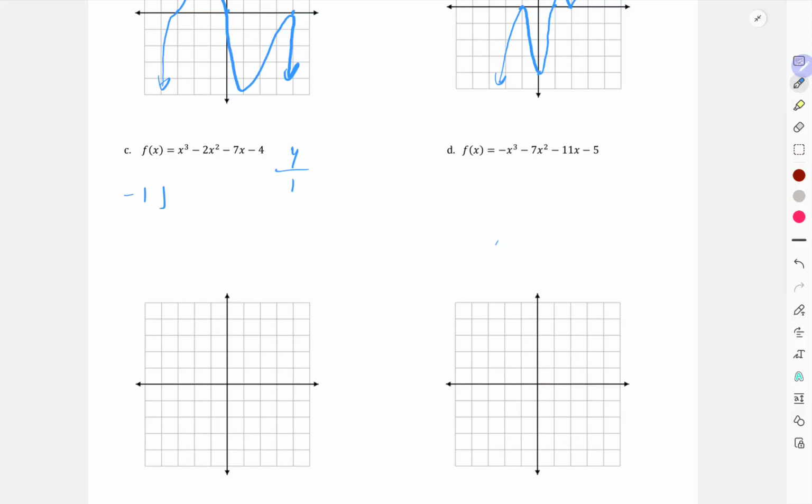I could just do -1, 1, -2, -7, and what that gives me is 3 but negative, that becomes 4, positive, and that's 7.